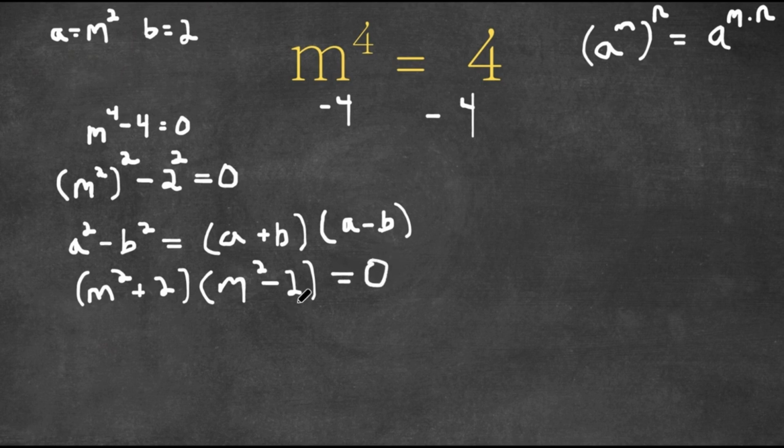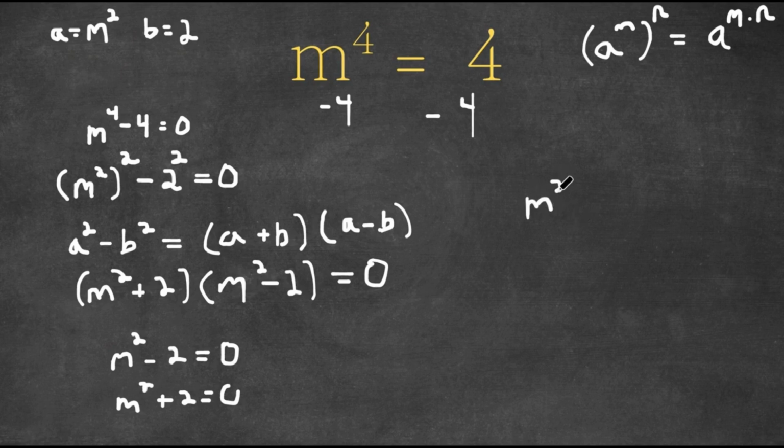And now we have two equations. We have m squared minus 2 equals 0. And we have m squared plus 2 equals 0. So let's first start with m squared minus 2 equals 0. So I'm going to write that right here.